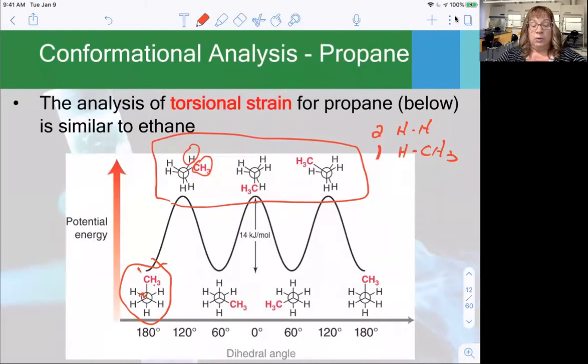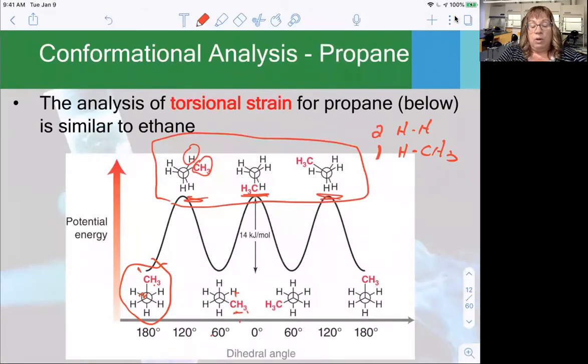They're all equivalent because in every one of these 3 higher energy conformations, the interactions are identical. It's always 2 hydrogen-hydrogens and then 1 hydrogen-methyl. And again, these are all identical because the eclipsing and the staggered are always just moving the methyl group around.